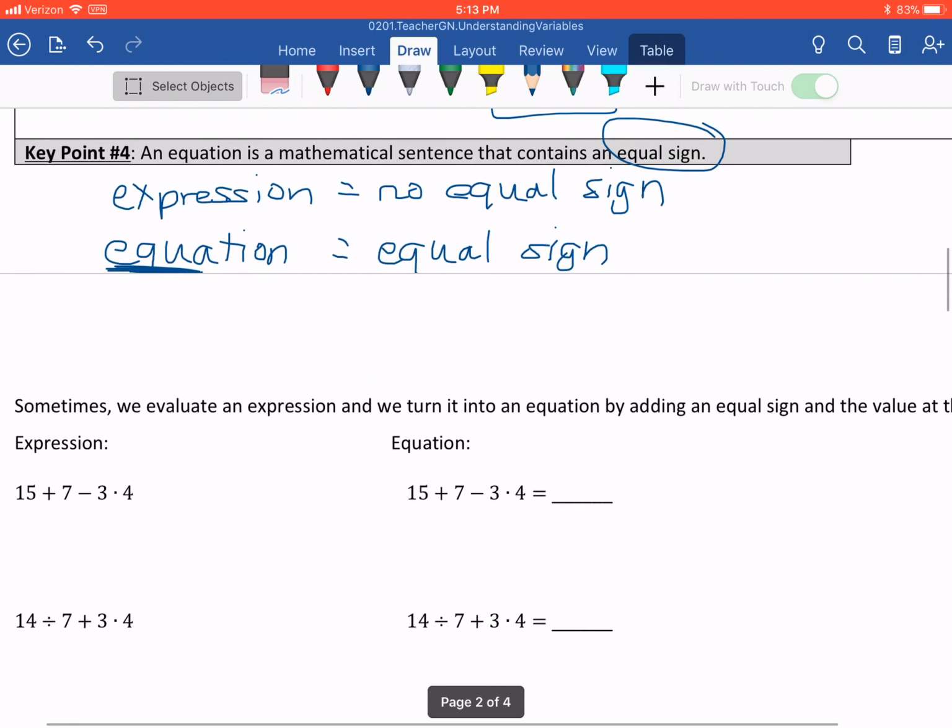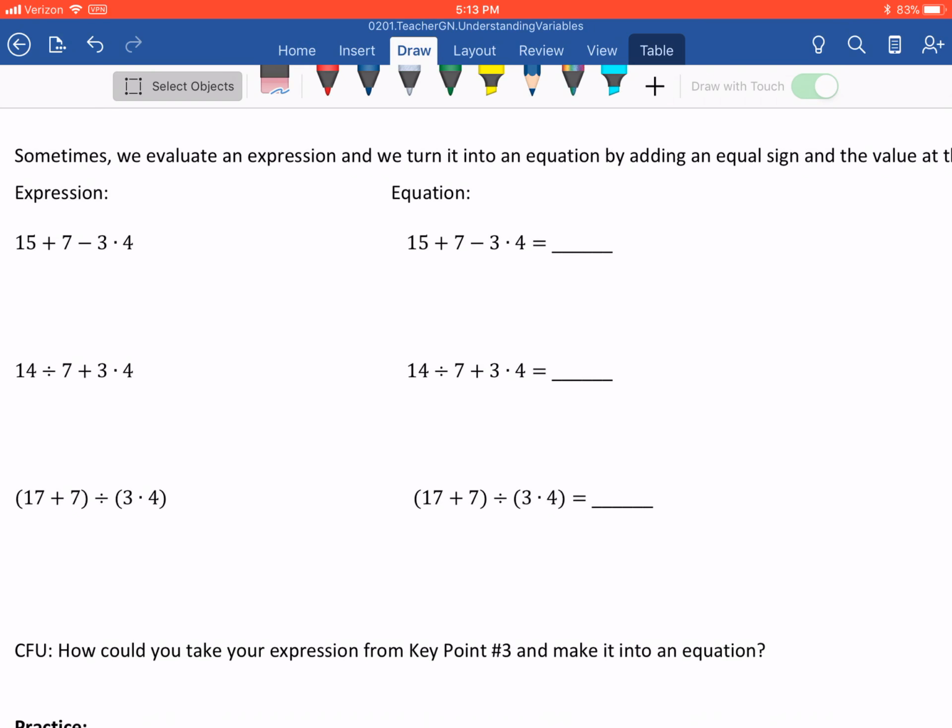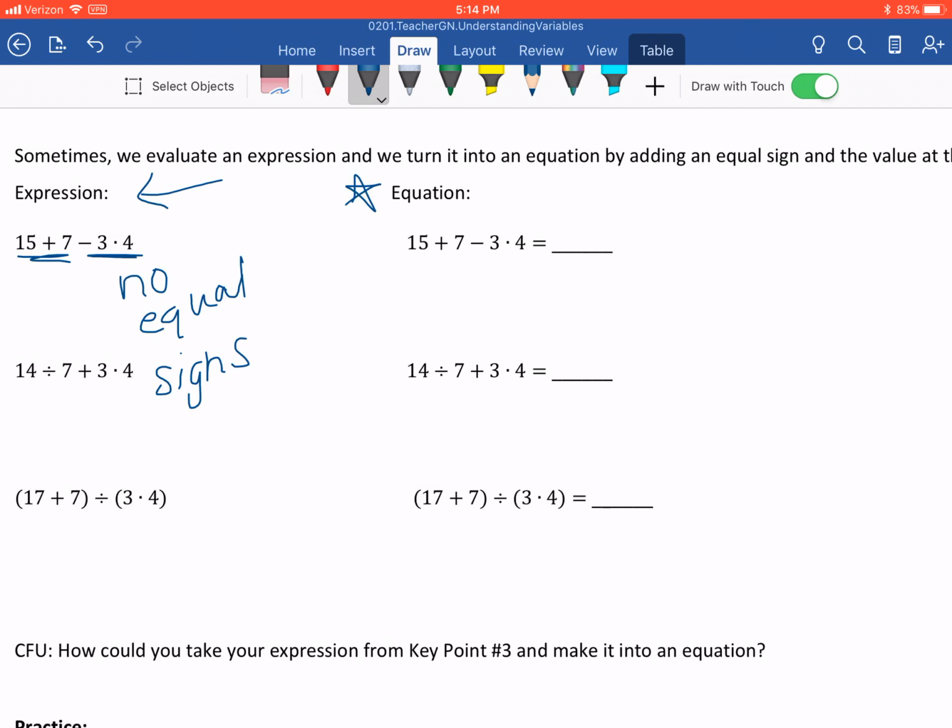All right, so moving on. Sometimes we evaluate or solve an expression and we turn it into an equation by adding an equal sign. So over here, we can see these are expressions. Why are they expressions? Well, they have numbers, they have operations, there is no equal sign. So these are expressions. Over here, we have equations.